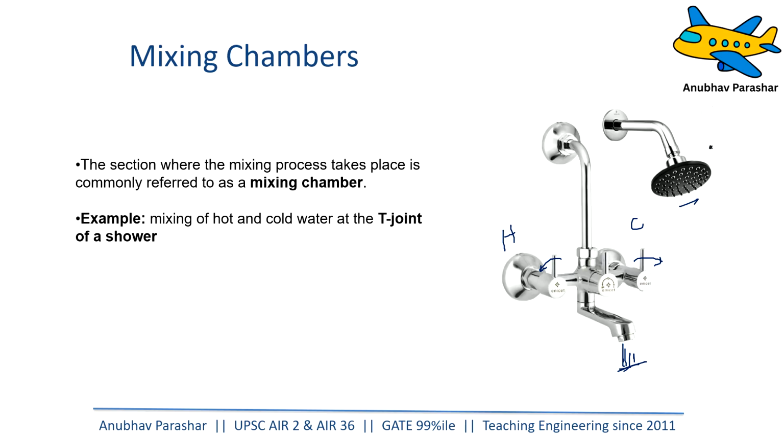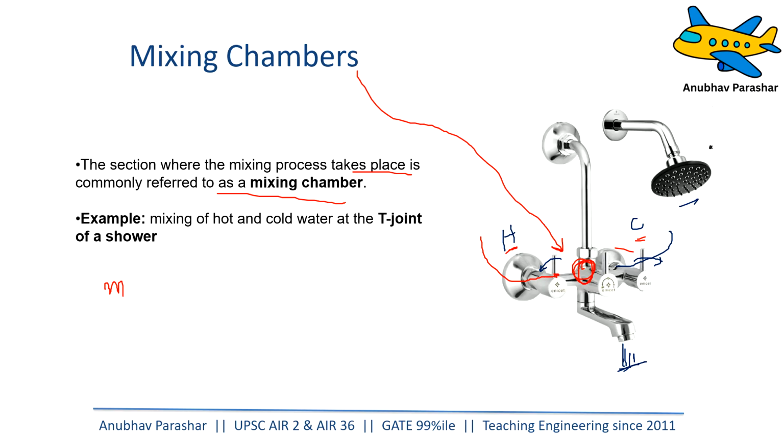So what happens? Hot water comes in and the cold water comes in from a different direction, and they get mixed up somewhere here. So this can be called the mixing chamber, where you are mixing both hot and cold fluid. The section where the mixing process takes place is referred to as the mixing chamber. So how can you write down the equation? It's quite simple.